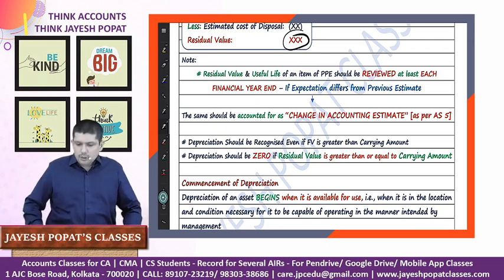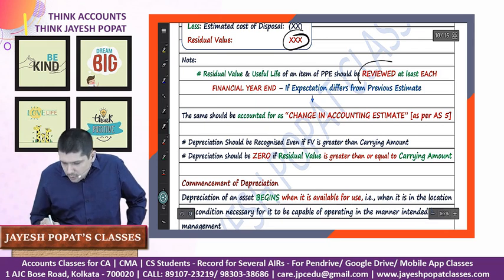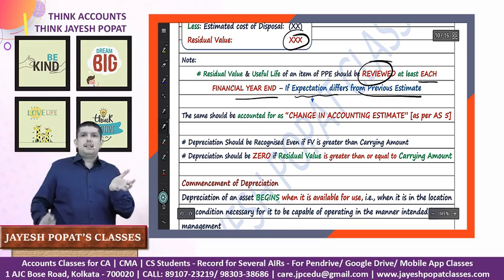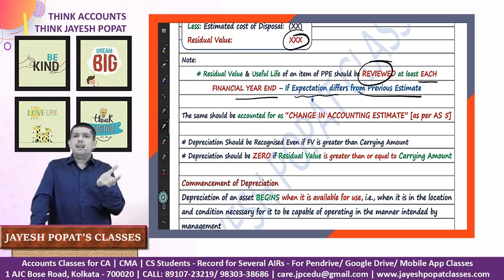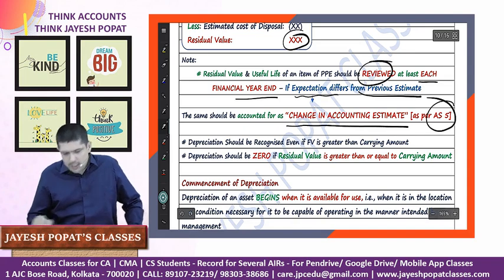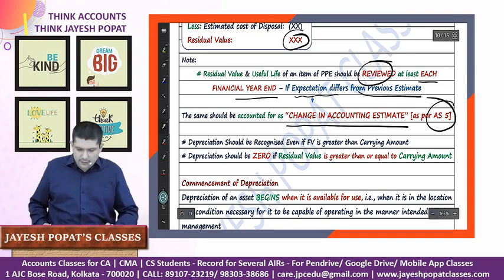So residual value and useful life of an item of PPE should be reviewed at each financial year end, and if the expectation differs from the previous estimate, previously I thought I'd use it for 5 years or get 10,000 rupees, at each balance sheet date I have to review whether my initial estimate was correct or not, and if there is a change in my estimate, I need to change it, and that change will be treated as a change in accounting estimate as per Accounting Standard 5.